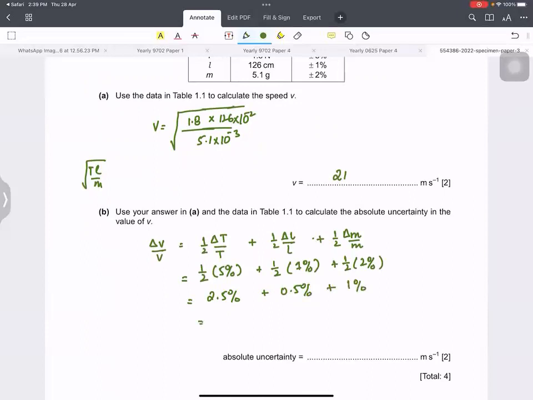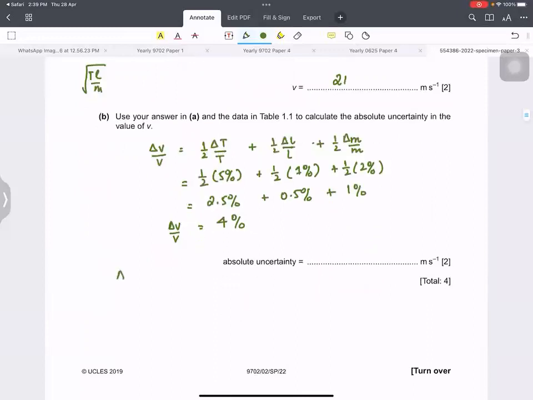You add all of them together. 4%, right? So 4% is the uncertainty in this, and to find the absolute uncertainty, we have to find 4% times V. So 4% is 0.04. We just found V to be 21.1.